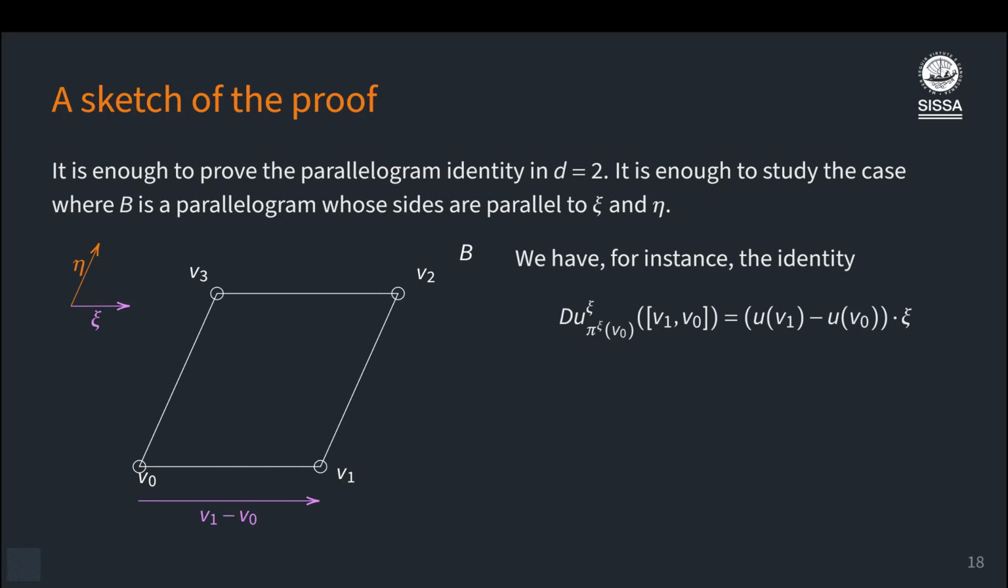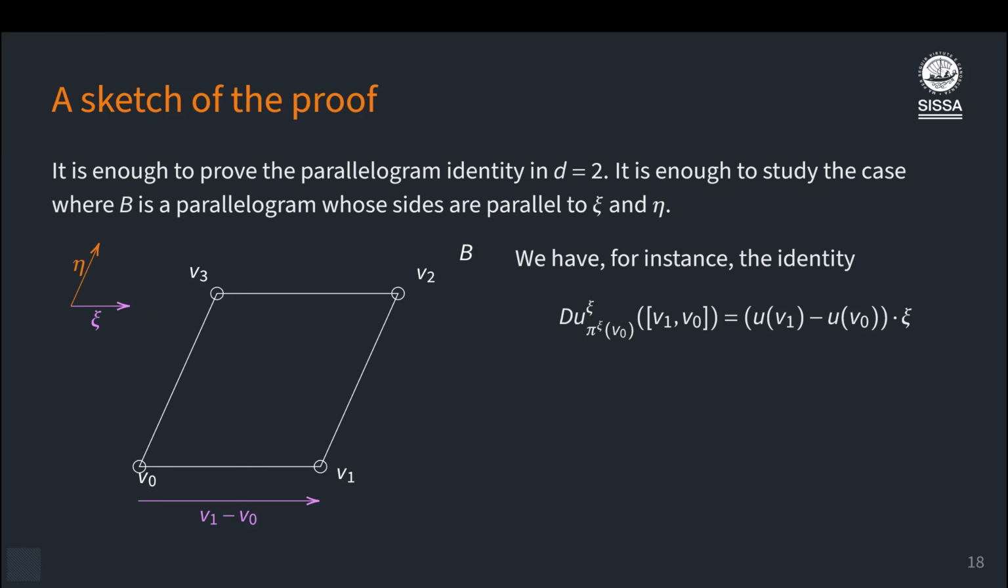If I take the one-dimensional section related to psi, with base point the projection of this vector on this vertical plane, then if I evaluate this measure on this segment, V1, V0, this derivative is simply the difference of the function at the endpoints times psi, because there was a times psi in the definition of the section.